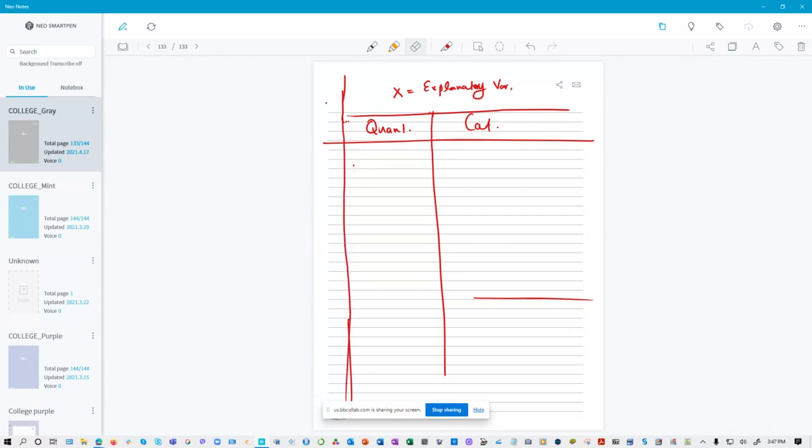I need another line, connect with this one. This is Y equals outcome variable. This is QUANT, quantitative. This CAT, categorical.